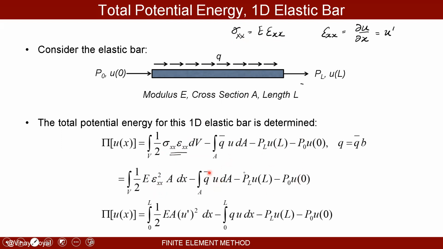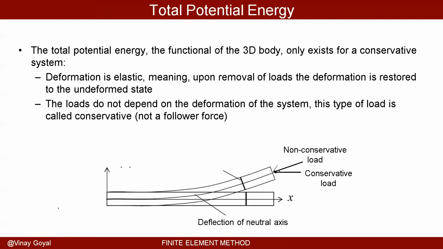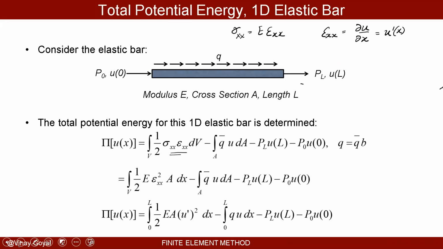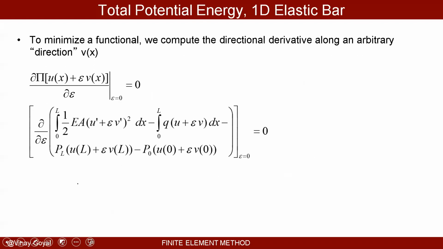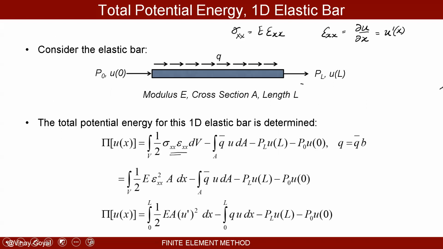What we notice here is that epsilon xx is u prime, and that's only a function of x. Recall that u is only a function of x for a bar. It does not depend on the cross section dA, which is dy dz.